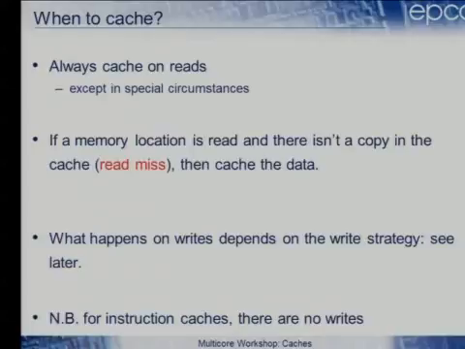You always cache on a cache miss. Writing is slightly more complicated. For instruction caches, there are no writes. So instruction caches are simpler. You're not allowed to write. Nowadays, you're not allowed to write self-modifying code, unfortunately. It used to be fun to do, but you're not allowed to do it anymore. We'll not talk about instruction caches because by and large, they're just there and they work.